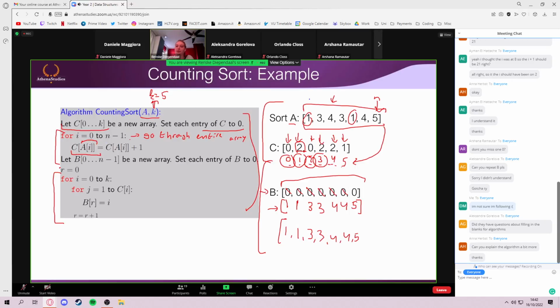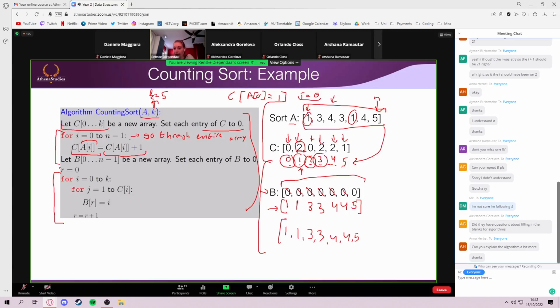So you start with i = 0, and then A[0] is equal to 1, right? And then we need to have C of this. So we get C with element 1. Okay, so C with index 1 is going to be this one. And they say just do plus 1.